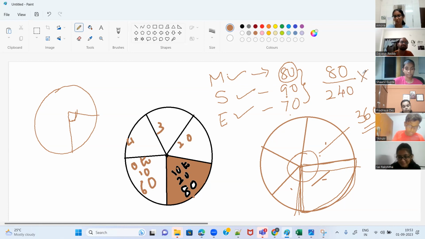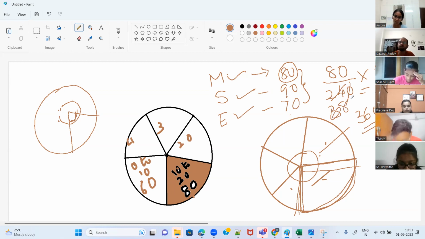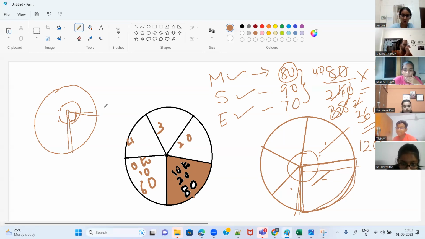And I told you, this is a circle. Total angle is 360 degrees. You need to multiply with 360 degrees. Then 3 eights are 24, 3 12s are 36, 4 twos, 4 threes, 2 ones, 2 40s. 40 into 3, that is 120 degrees. So maths can be represented over here as 120 degrees.